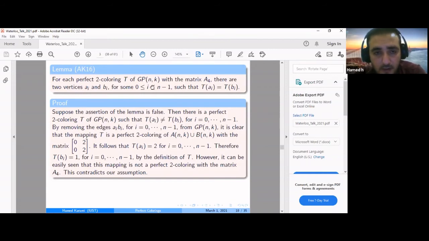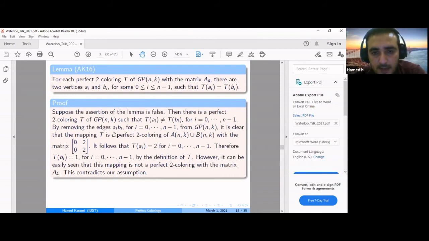For perfect 2 colorings with the matrix A4, we have a similar lemma to the one for the matrix A3. For each perfect 2 coloring of GP(n, k) with the matrix A4, there are 2 vertices A_i and B_i that are the same color. The proof is completely similar to the last one.